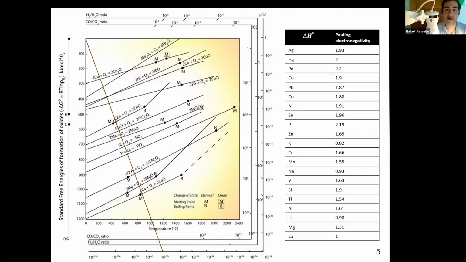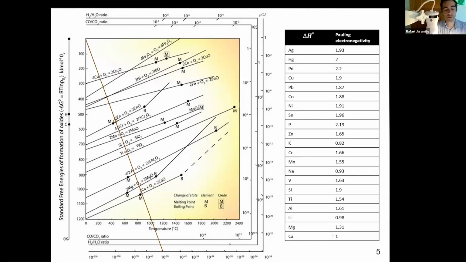They like their electrons, 1.9, 1.93. And we expect alkaline earth metals like magnesium to be happy to give up their electrons to oxygen, and that has a lower electronegativity. Calcium is down here at 1.